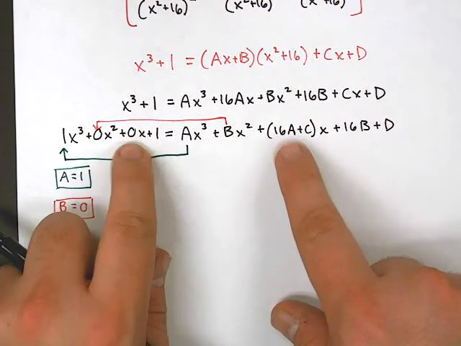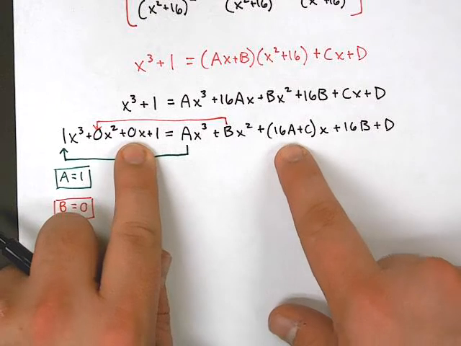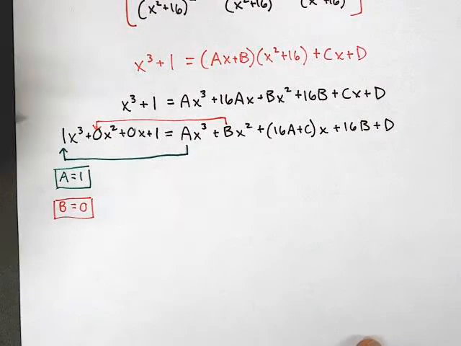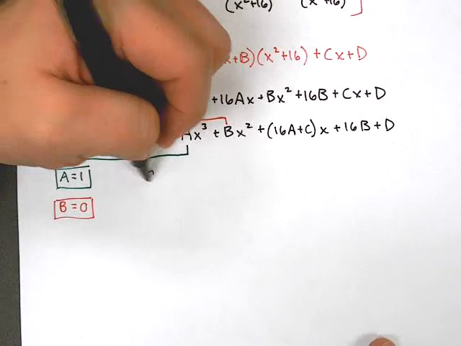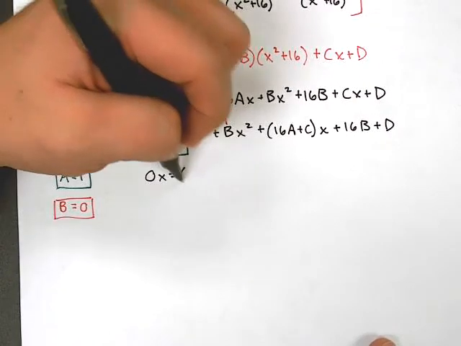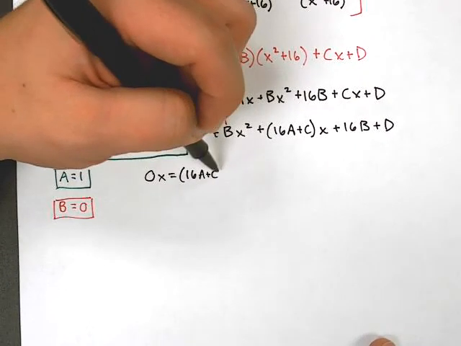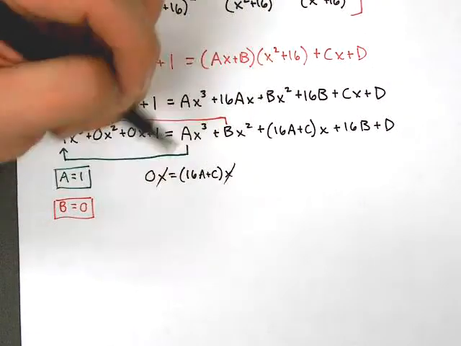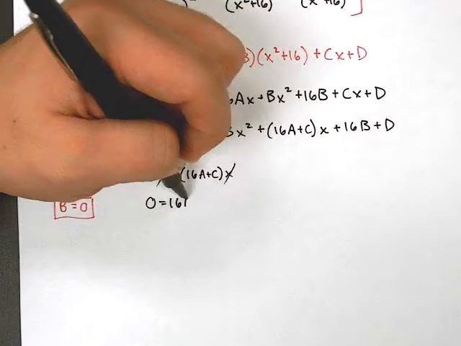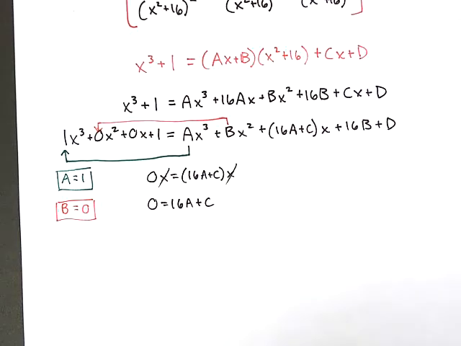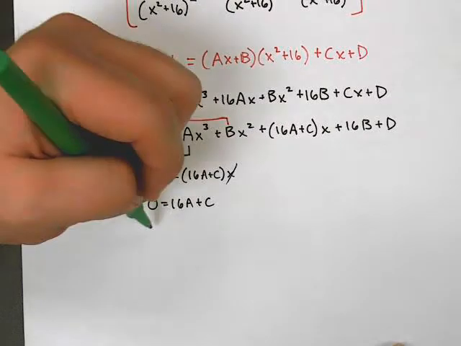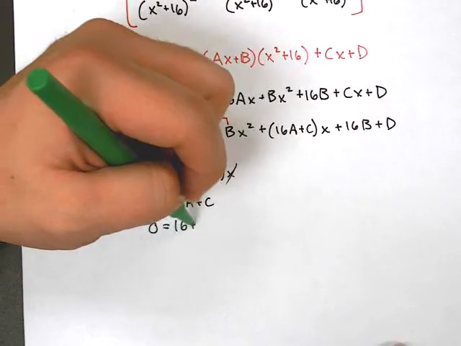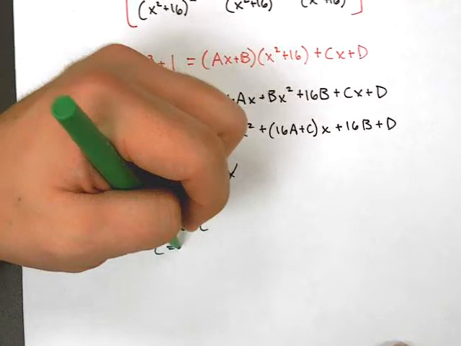These are the two that have to pair up together. So I'm going to write that 0x equals (16a plus c)x, and just get rid of the x's. 0 equals 16a plus c. At this point, plug in your a value. You know that a has to be 1, so 0 must be 16 plus c, or c has to be negative 16.